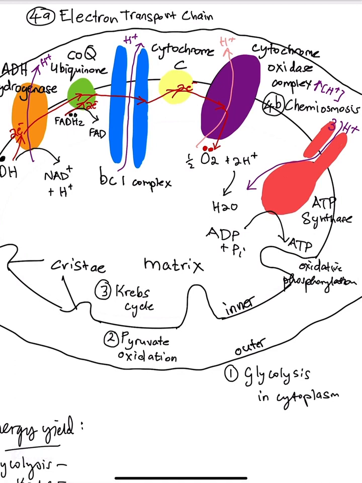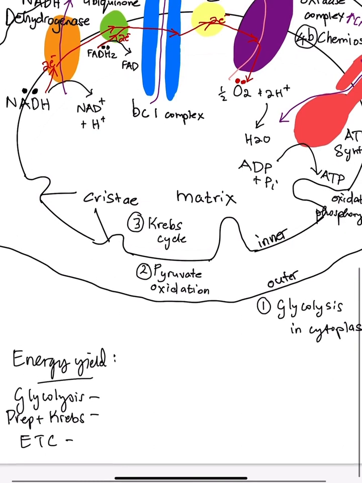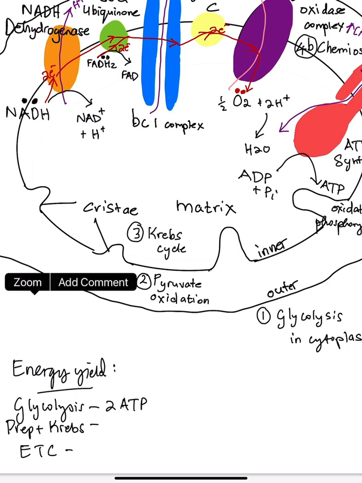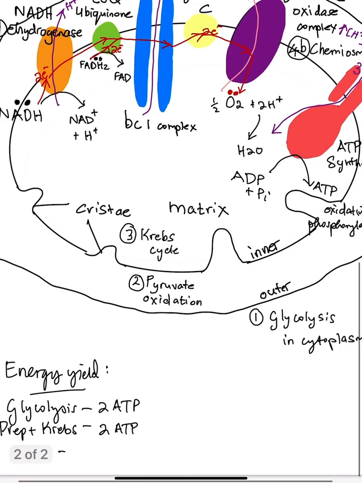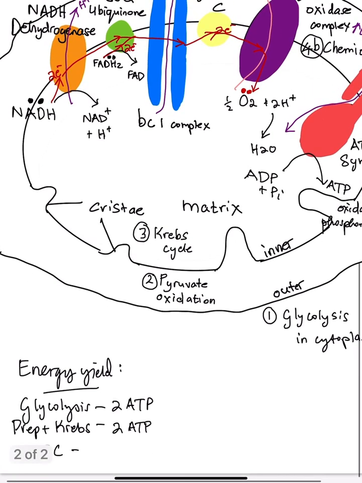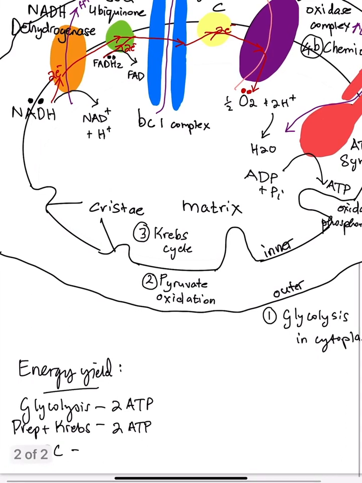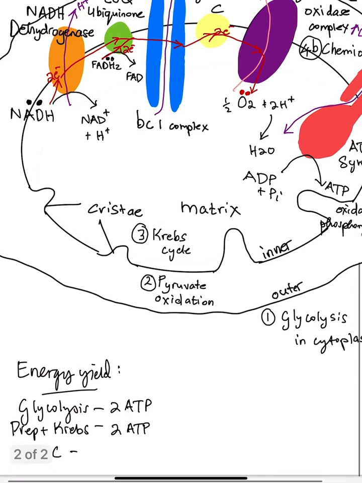So let's look at the energy yield. Previously, we learned that 2 ATPs result from glycolysis, 2 ATPs from the prep reaction and the Krebs cycle, and now, theoretically, from 10 NADH molecules and 2 FADH2 molecules that arrive here, we can produce quite a lot of ATP.